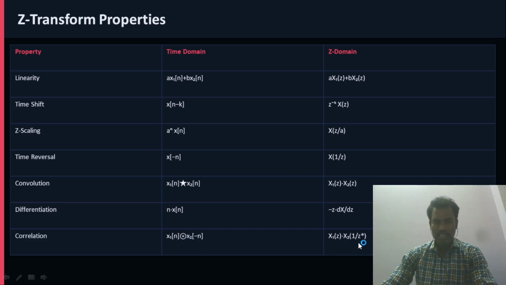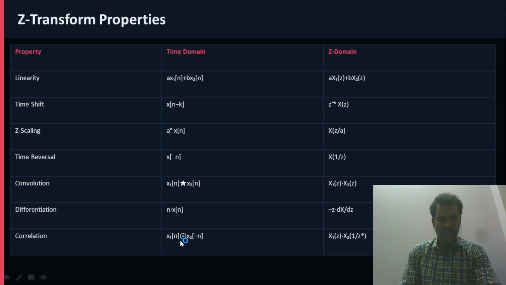Then its Z transform: convolution in one domain is multiplication in the other domain, so x1 of z into x2 of z. But what is x2 of minus n? It is the reversed signal. If you reverse, what happens in the spectrum? It is the inverse of z, x2 of 1 by z.